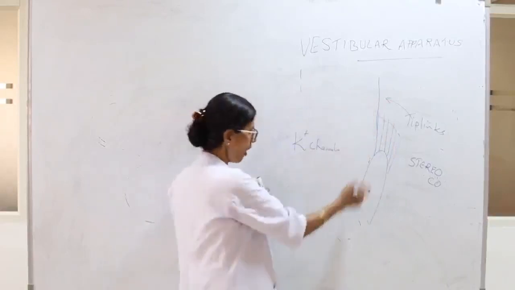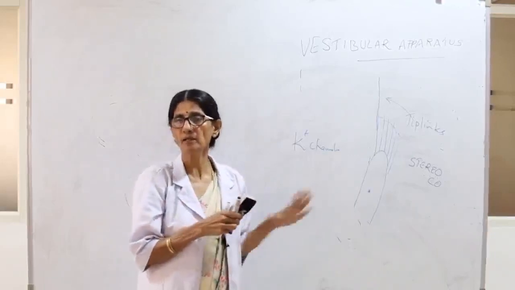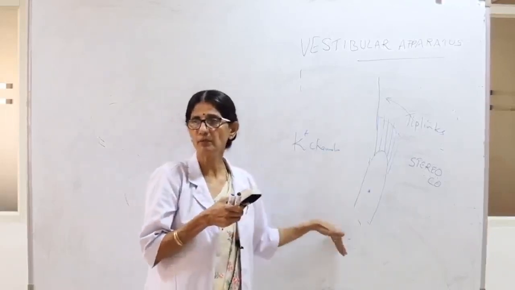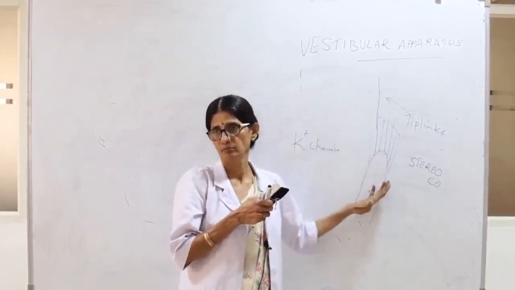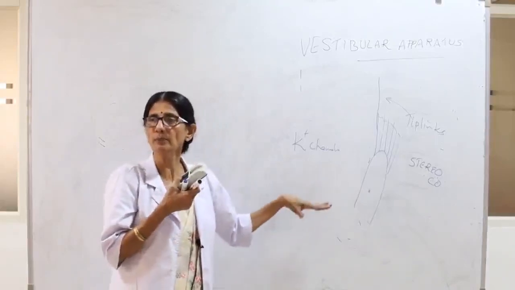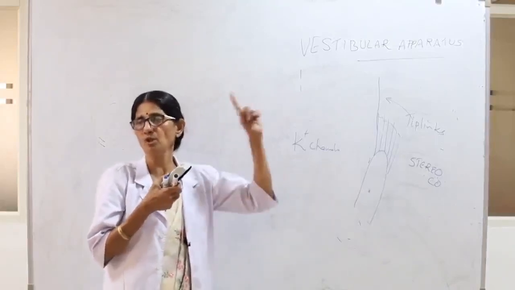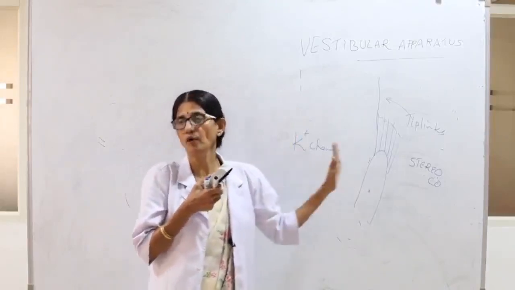The innervation of all these epithelial cells is by the fibers coming from the vestibular division of the vestibulocochlear nerve. Finally, they go to the vestibular ganglion, otherwise called Scarpa's ganglion. That forms the first order neuron, because all sensations travel through a three-order neuronal pathway.